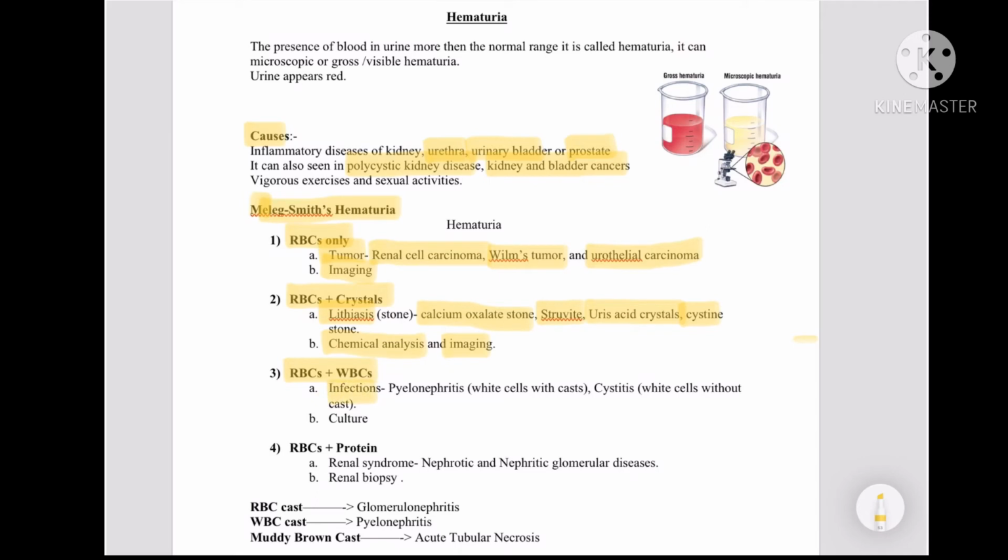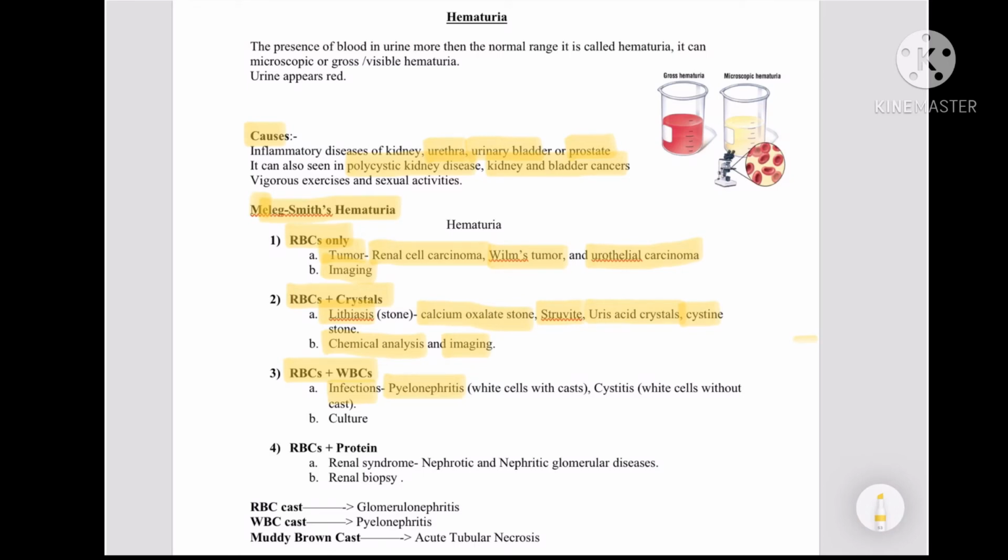So WBCs strongly indicate infection. It may be pyelonephritis, an infection of the upper urinary tract, a pyogenic infection of the kidneys, which is what we call pyelonephritis.